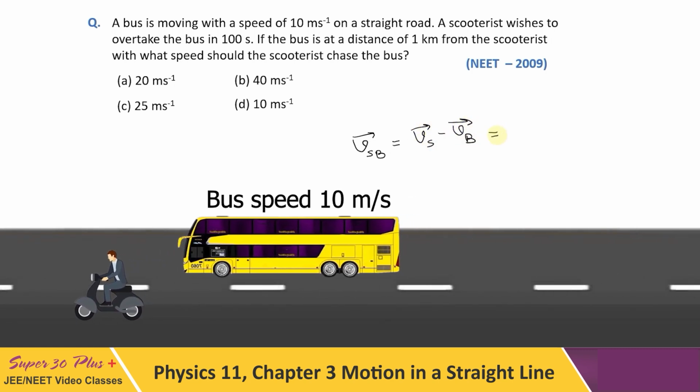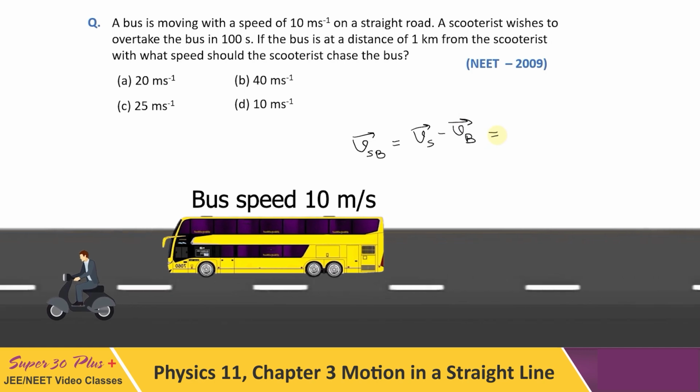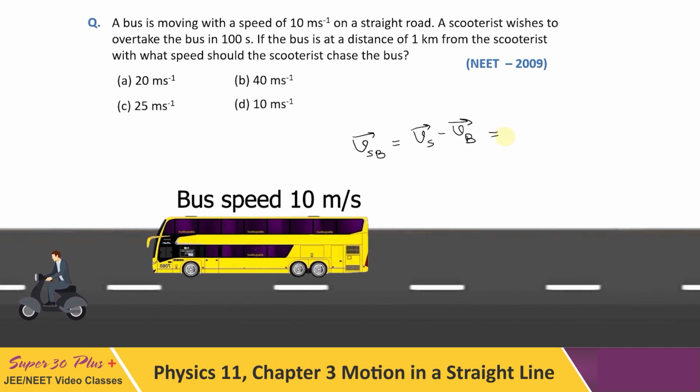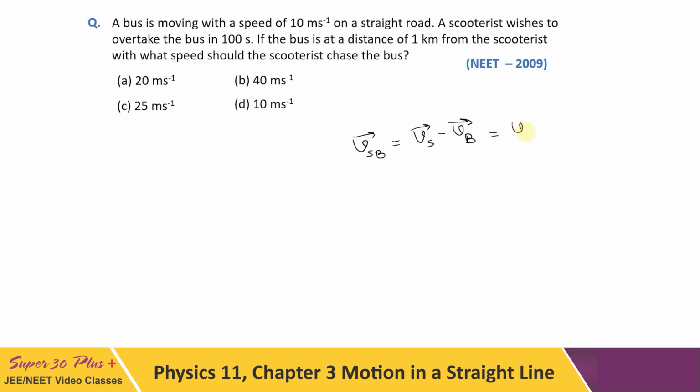This is equal to, for bus, the velocity is provided here, which is 10 meter per second. So it will be Vs minus 10. Now this 10 also must be a vector, so it is in direction of velocity of bus.